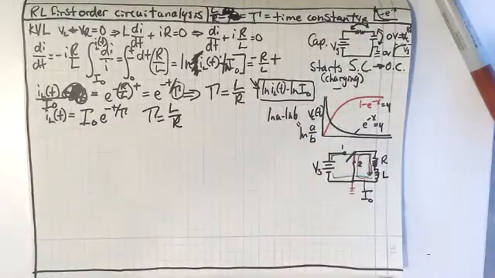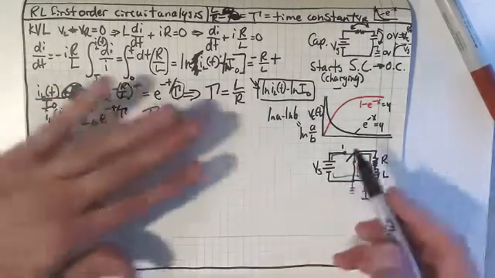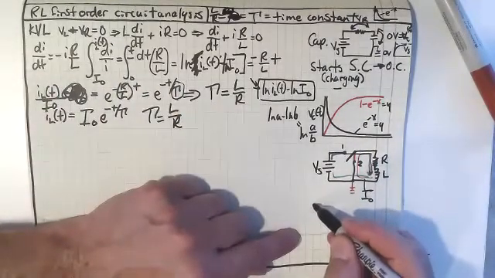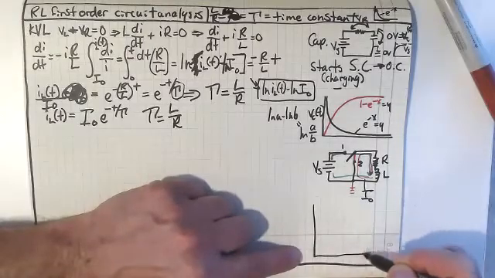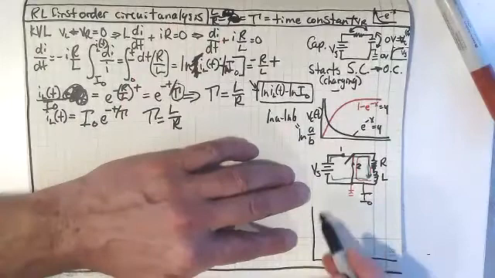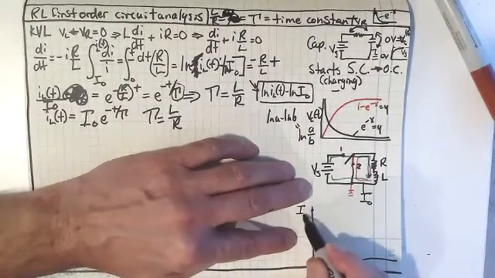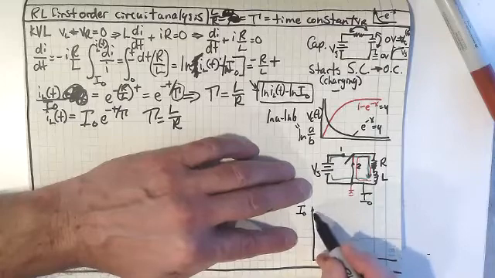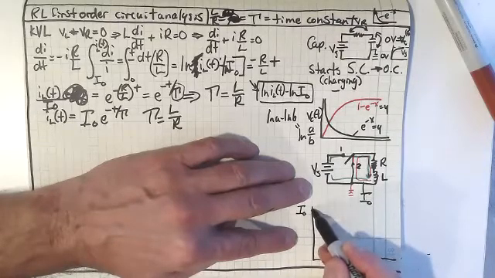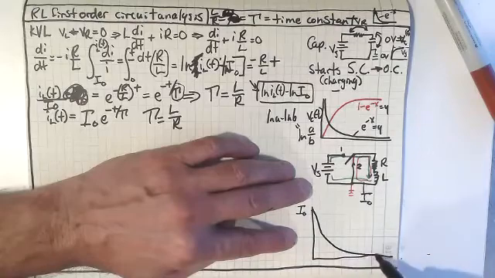All right. So when we're seeing the thing discharge, as far as the current goes, now remember, this is not the voltage anymore like we did for the capacitor. This is the current. The current would start out at I sub 0, right? Because it starts as an open circuit and then goes to a closed circuit. And the current would fall off like this, right?